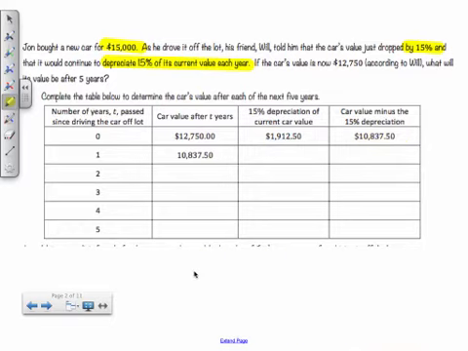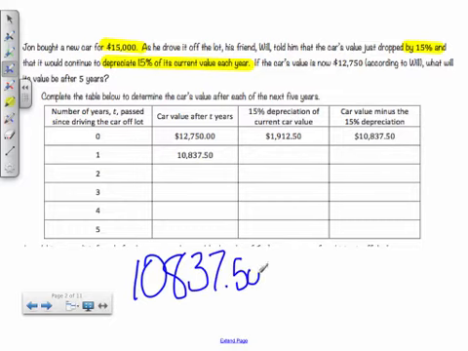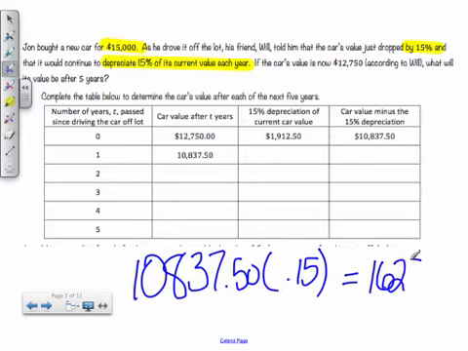All right, so let's go ahead and do the same thing with year one. In year one, we figured out it would be $10,837.50. So I'm going to take that amount and figure out what 15% of that is. Plug this into your calculator, and you should end up getting $1,625.63.